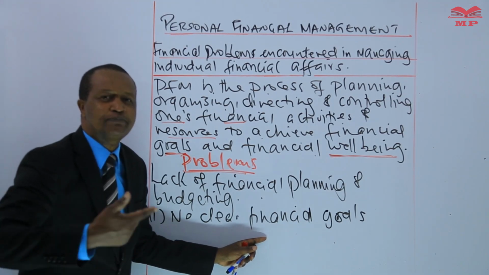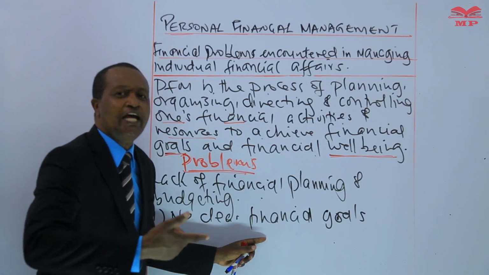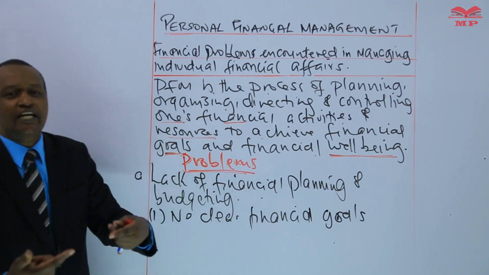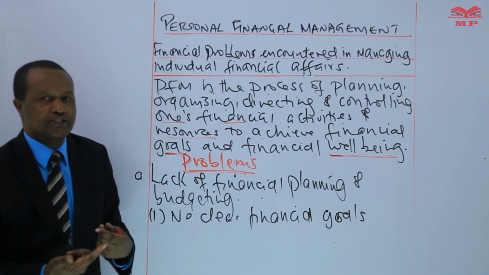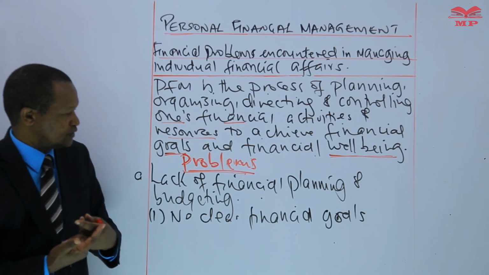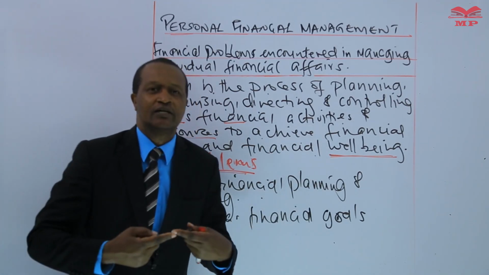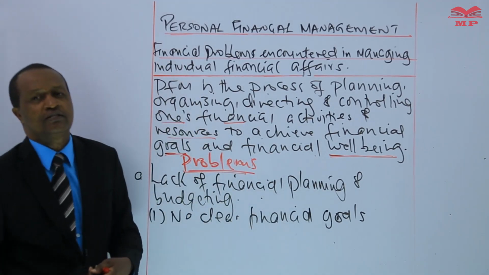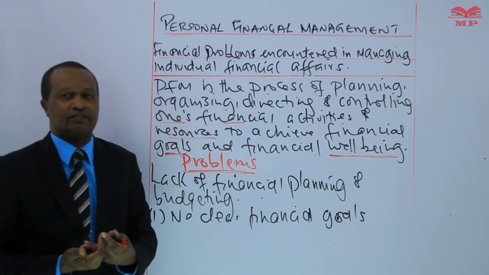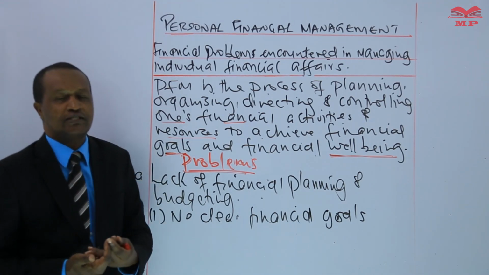Not having specific goals can lead to aimless spending and difficulty prioritizing financial needs. So if there is no plan on how my income will be spent, then I'm most likely to spend my money aimlessly. Do you understand?